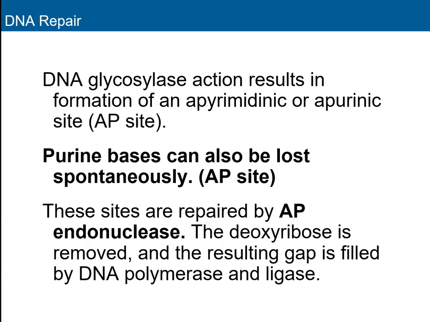So it's saying, again, if you follow along, I'll show you the picture. I think that's what I did in class. DNA glycosylase will result in the formation of something called an AP site, meaning it's just the deoxyribose backbone of the DNA, and no base there, okay? So it's an empty spot, and then you're going to have to fill that in, okay?